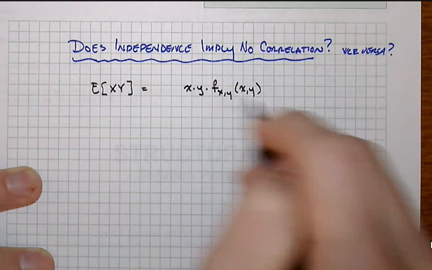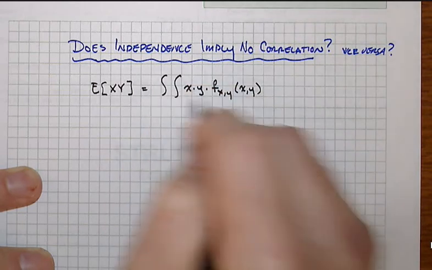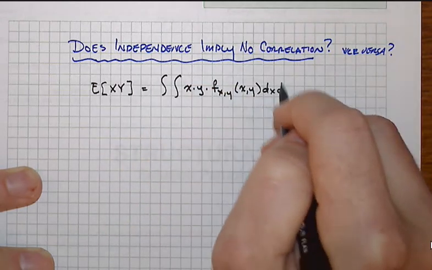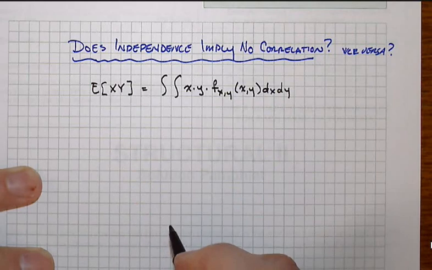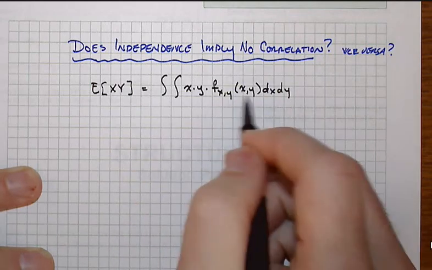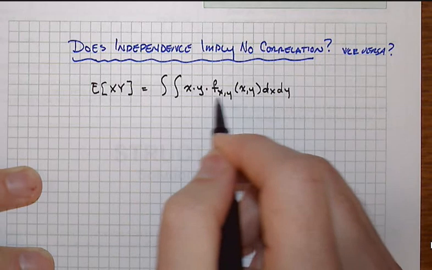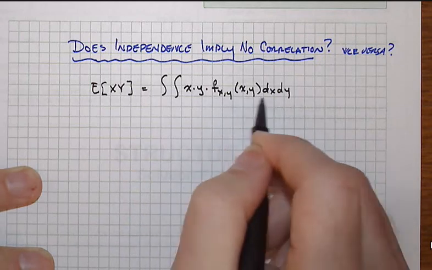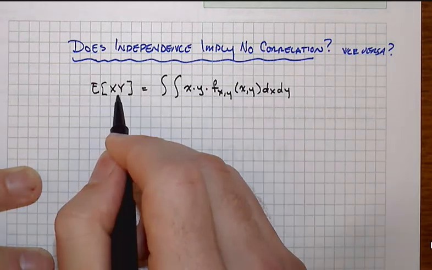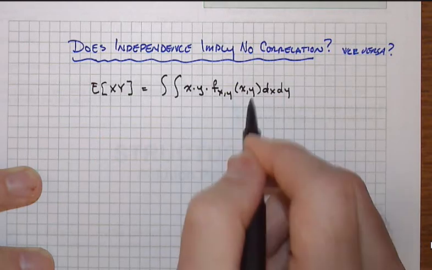And if we're in the continuous world, we're going to integrate over all X and over all Y combinations. That's just the standard all-encompassing formulation for the expected value of X times Y when we have a joint distribution.